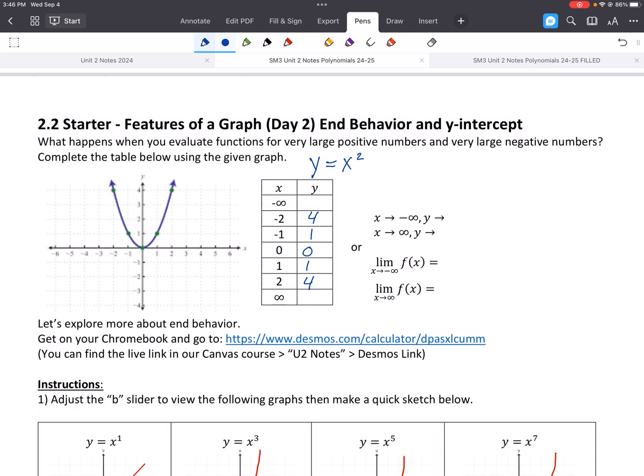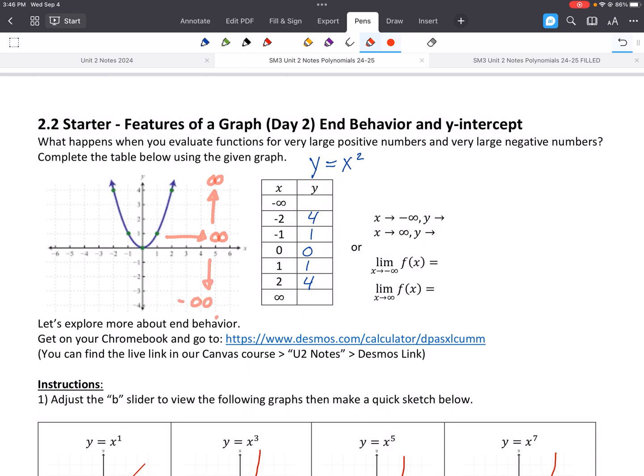End behavior is just saying as you're going really far in this direction, which is like going towards infinity, what direction are these arrows going? Are they going up to infinity or down to negative infinity?